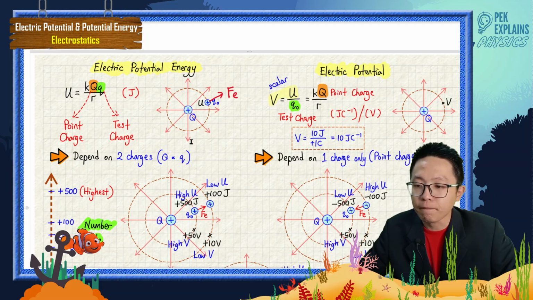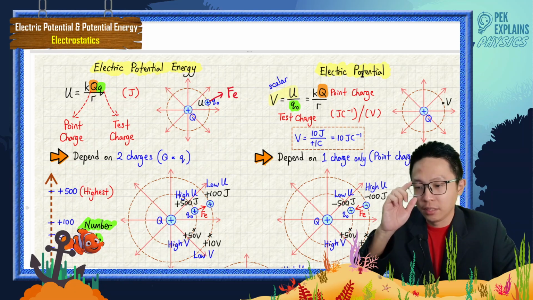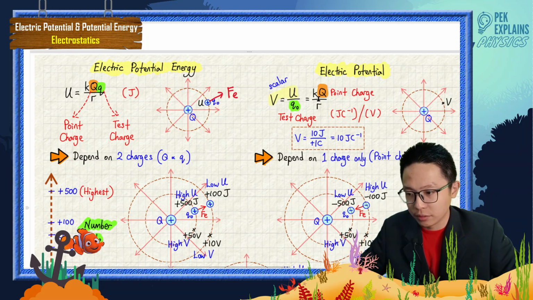Now, how about the electric potential? Okay, hold on. We can say the electric potential energy's unit is joule.